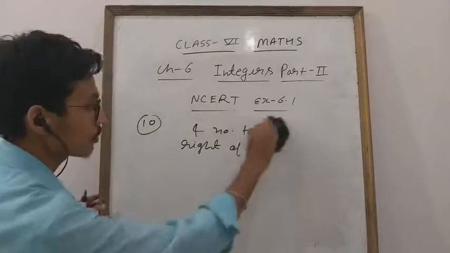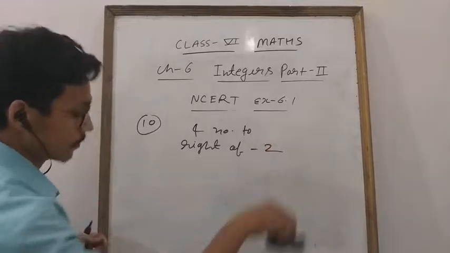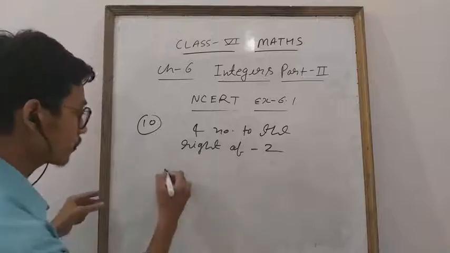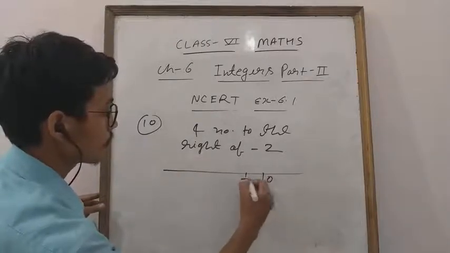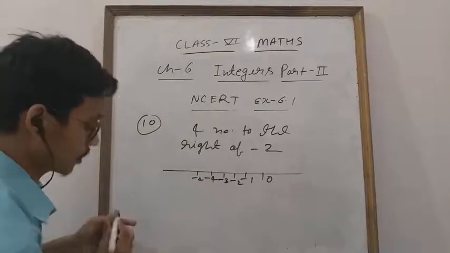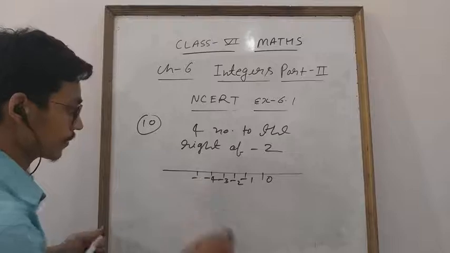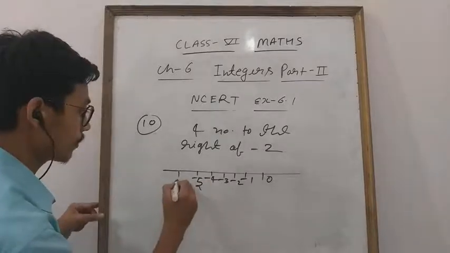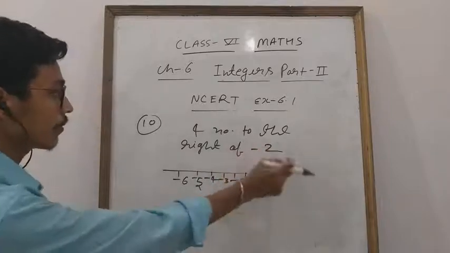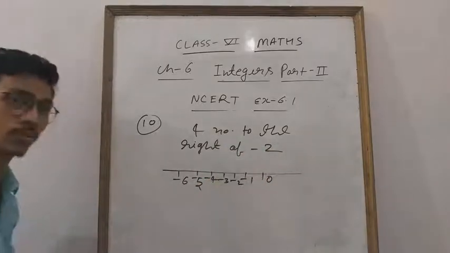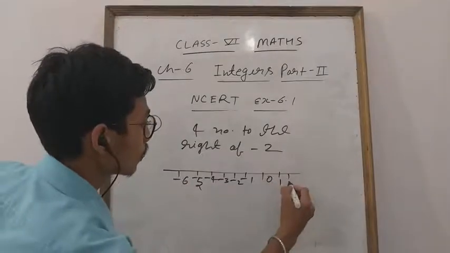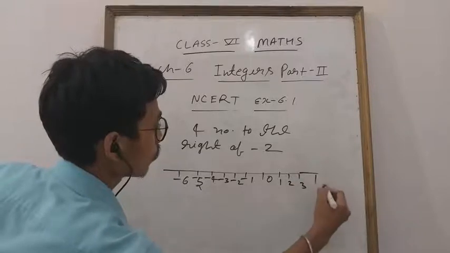Let us assume this is our number line: 0, minus 1, minus 2, minus 3, minus 4, minus 5, minus 6. Why am I writing all numbers in minus? Because I have to go 4 numbers to the right of minus 2. There I can also write 0, 1, 2, 3, 4, like that.